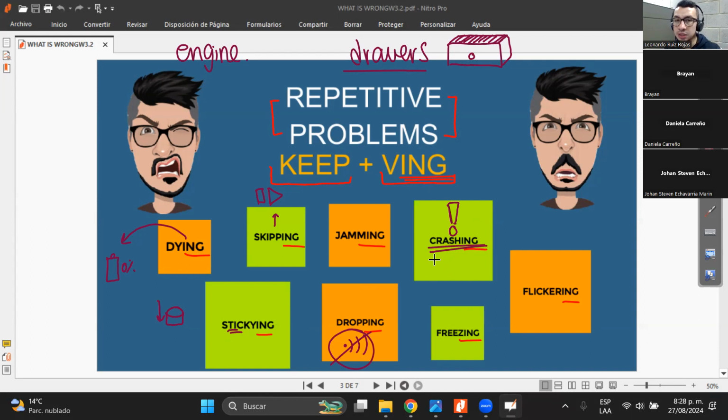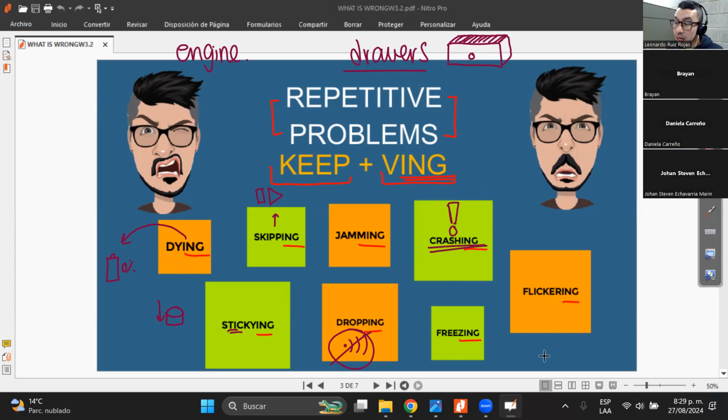The operative system says, I don't want to work anymore. So normally when I say it keeps crashing, it's because it completely stopped working. Ready? So it doesn't reboot, it doesn't start over, it doesn't have image, it just appears like error. Reboot your computer, right? So when I say it keeps crashing, it's like a general fail on the system.